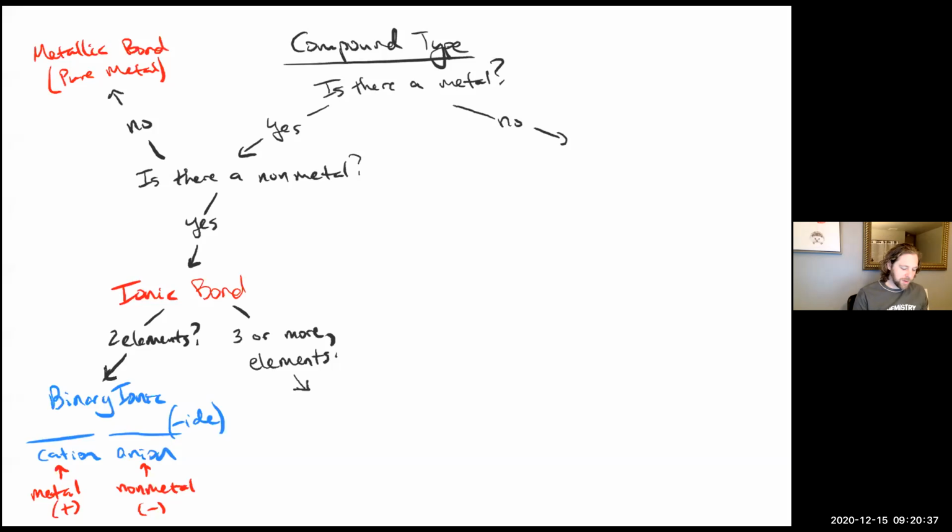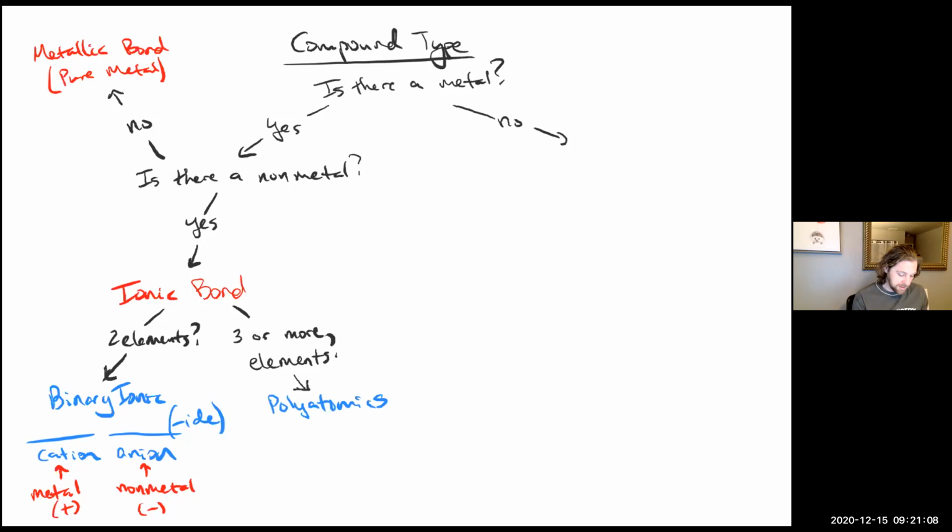So if there are three or more elements, and I'll give some examples of what compounds look like for each of these. If there's three or more elements involved in the ionic bond, then it has a polyatomic in there. It has polyatomics, which means that they have names. You're going to check your common ion list, but you're not going to necessarily give it an IDE ending, because the polyatomics, whether it's the cation or the anion, they have special names.